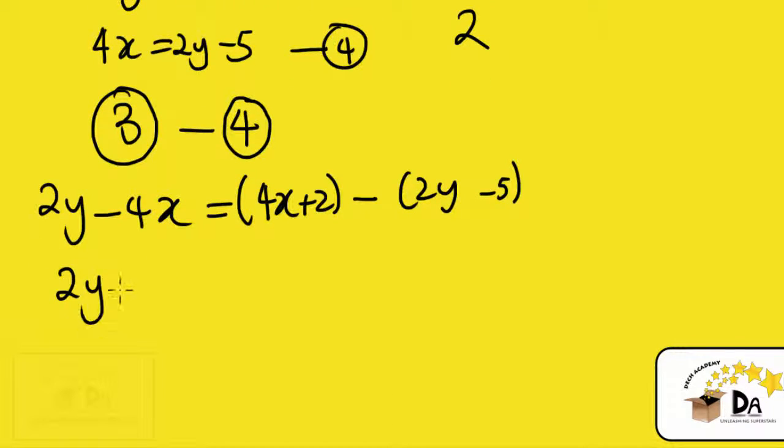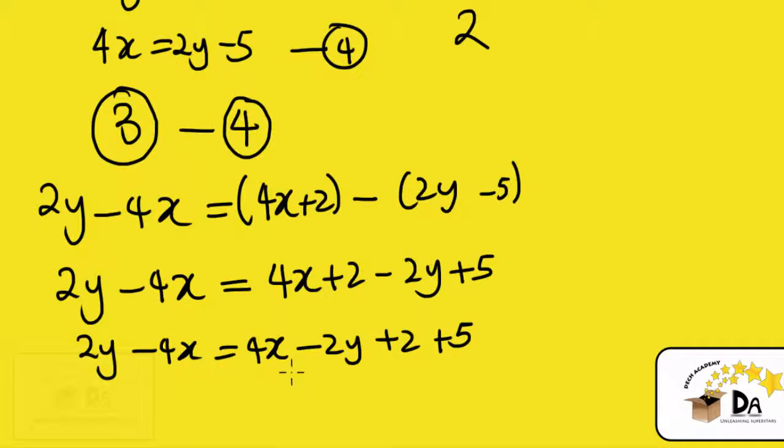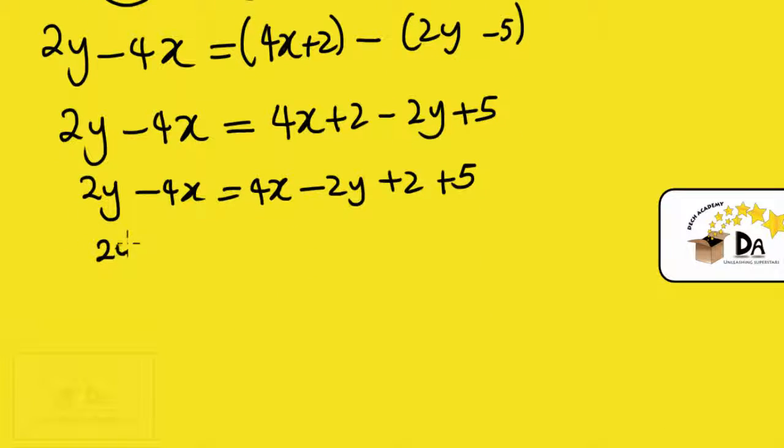You get 2y minus 4x equals, dropping the bracket, 4x plus 2 minus 2y, minus times minus 5 gives plus 5. Let's put the numbers together: minus 2y plus 2 plus 5 gives 2y minus 4x equals 4x minus 2y plus 7.